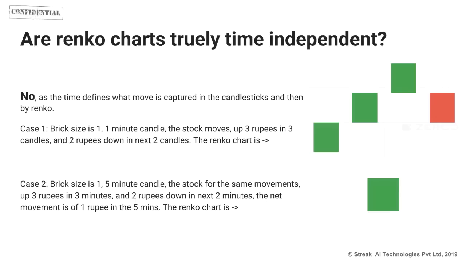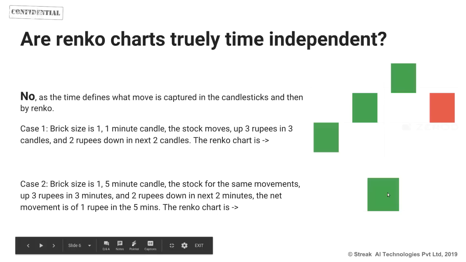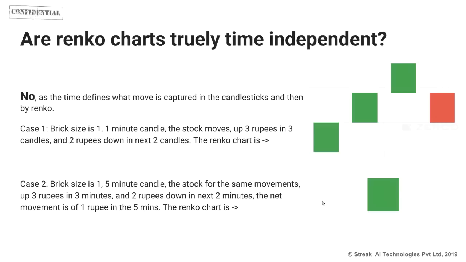So the net movement that the stock has moved is 1. So in that scenario, only one Renko bar is formed. Now you can clearly see that time plays a very key and crucial role when forming Renko.